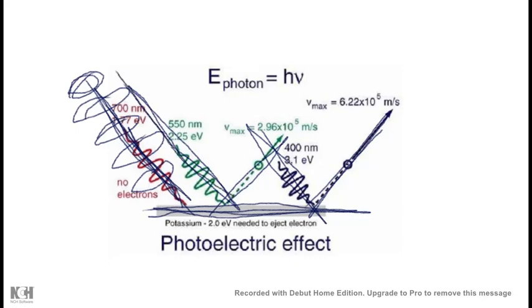But when we apply more energetic light, green or blue, then green coming in at 550 nanometers has an energy level of 2.25 electron volts. It's above the 2 electron volts needed to eject electrons, so therefore it happens. So it's as simple as that. It doesn't have any real mysteries involved.